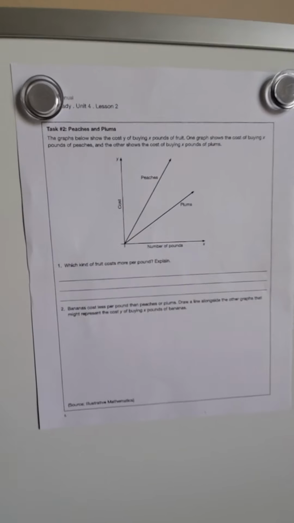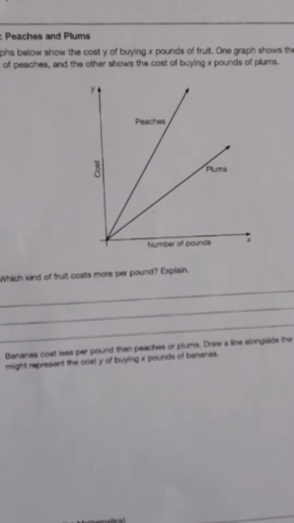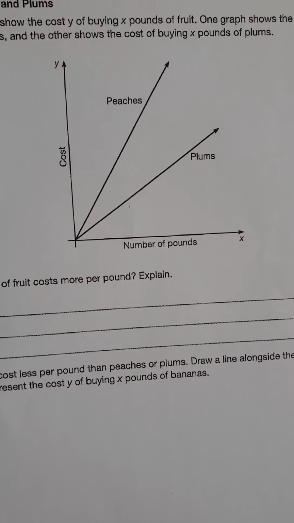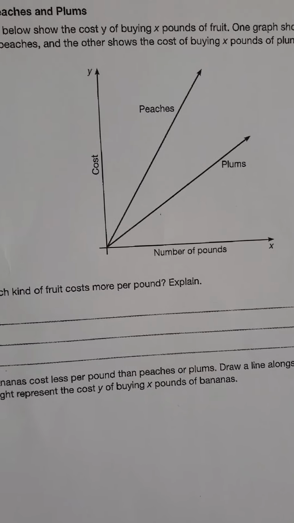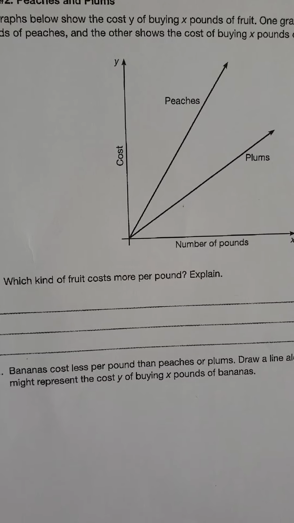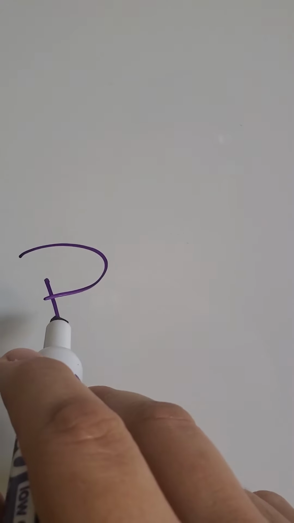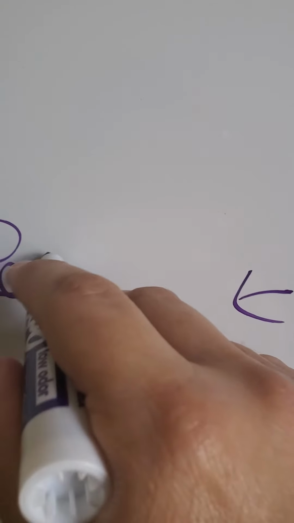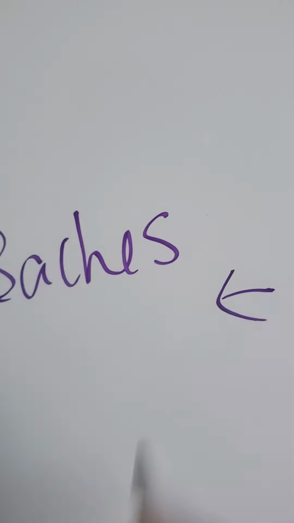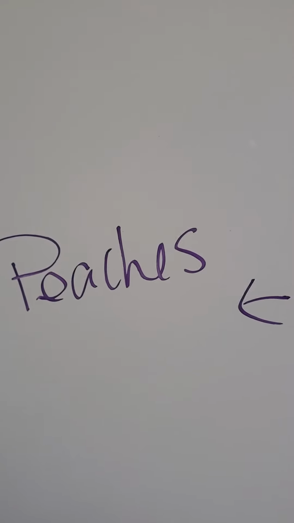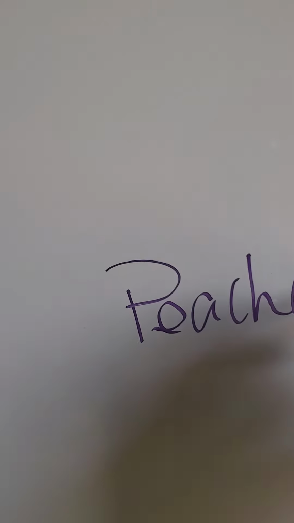Well, if we look at this, what do we remember about the steeper slope? That tells me that it's going to cost more per pound, right? So which kind of fruit costs more per pound? I'm going to write in that first section, peaches. Okay, because peaches is a lot steeper, right?